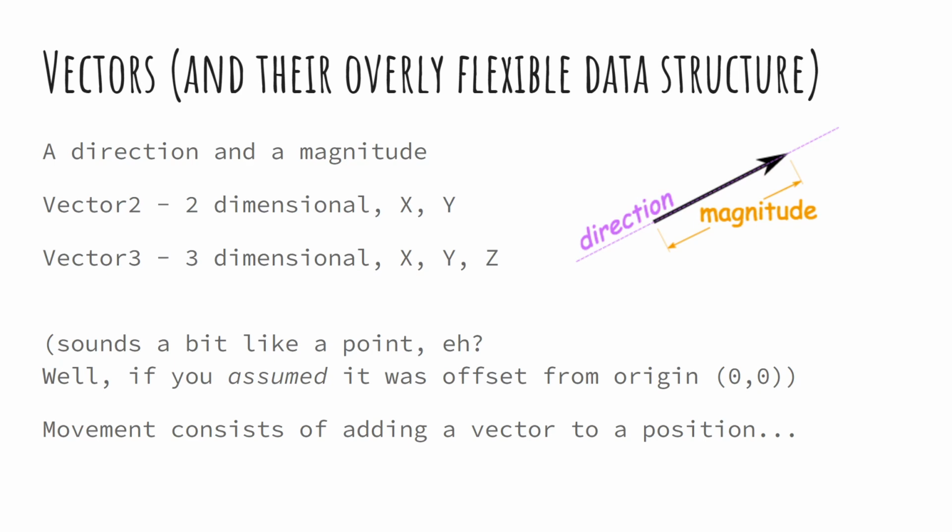If we assumed that the vector was offset from the origin, 0, 0, the center of the world, then our position vectors make sense, right? Because they're offset from some specific position. Because we're going to want to use them for movement a lot of the time, consisting of adding vectors together.